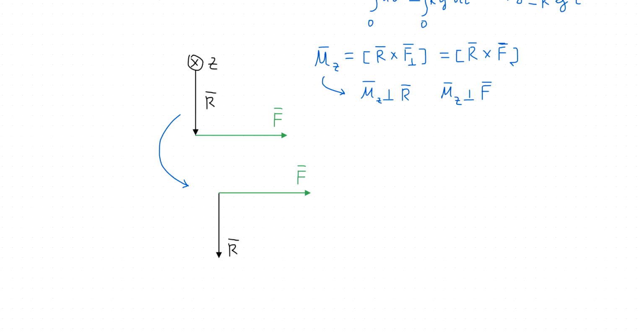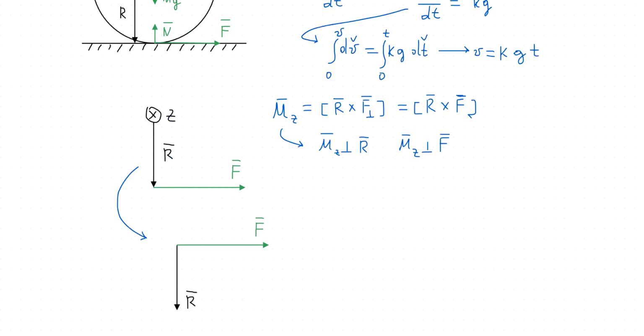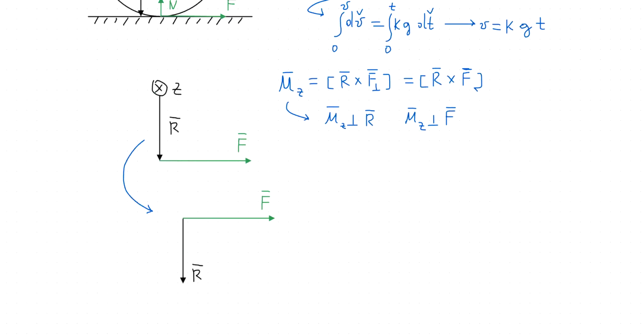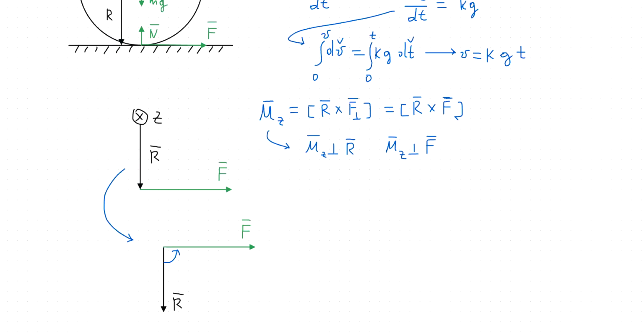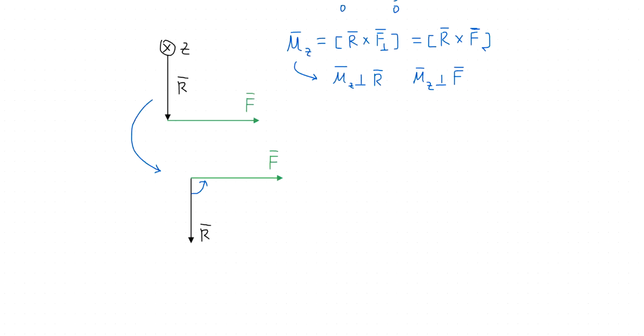And according to the vector product, we should consider this rotation of vector R, because it is R multiplied by F. According to the right-hand rule, if we have such rotation, the result will show the direction from the screen to us.